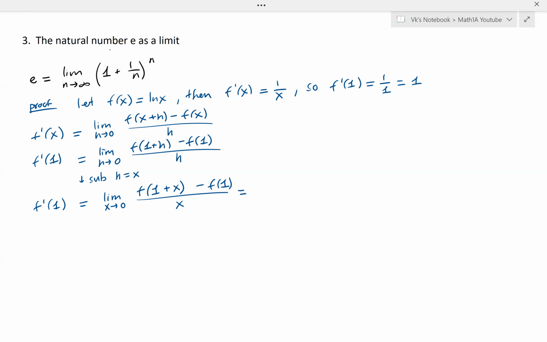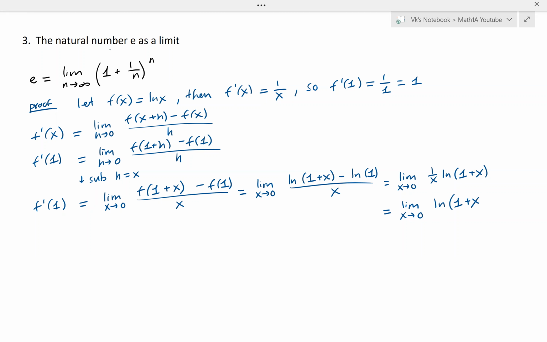So now we do the substitution here. Limit as x goes to 0. The function is ln x, so f(1 plus x) is ln(1 plus x), and f(1) is ln 1, over x. ln 1 is 0, so we'll have the limit as x goes to 0 of 1 over x times ln(1 plus x), which is the limit as x goes to 0 of ln of (1 plus x) to the power 1 over x.